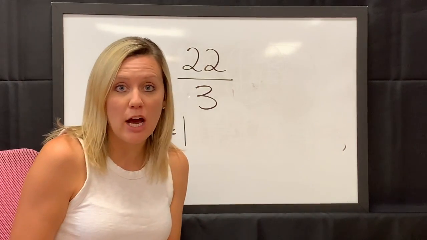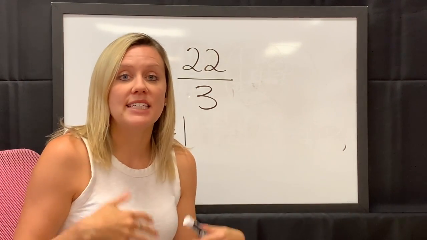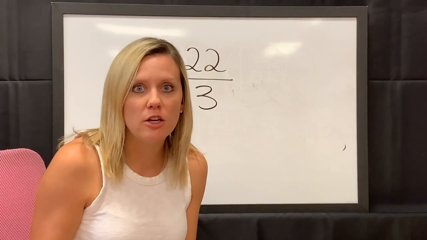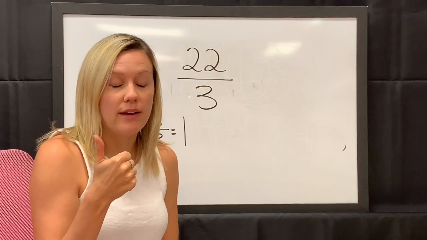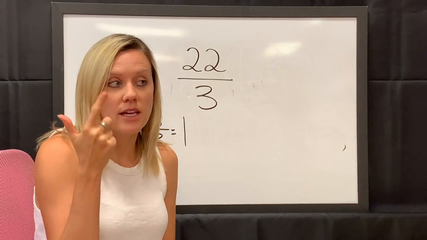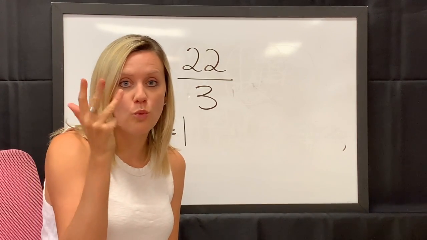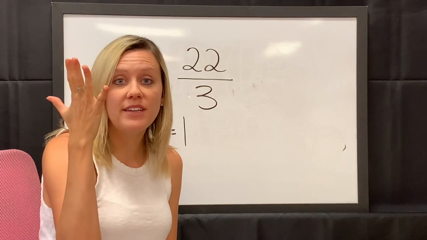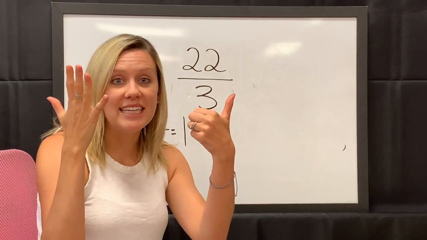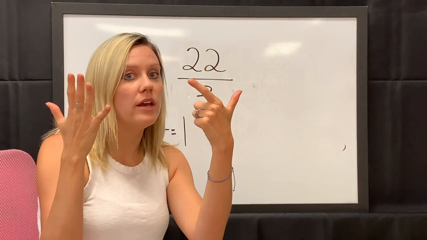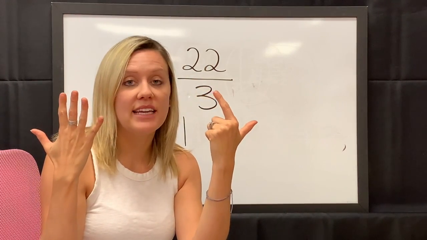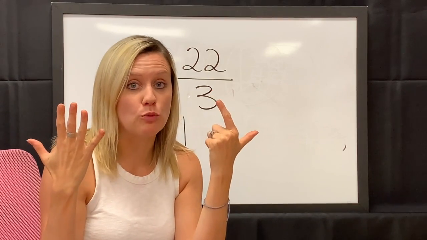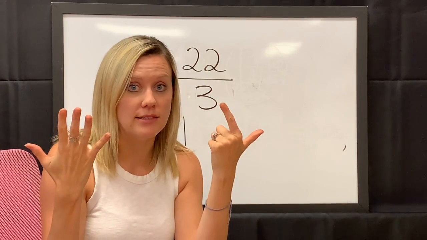I am just gonna count by 3s until I get to a number that's bigger than 22, and then I'm gonna know that's too many. 3, 6, 9, 12, 15, 18, 21. I know if I go any more than that, it's gonna give me a number bigger than 22 because I'm counting by 3s.